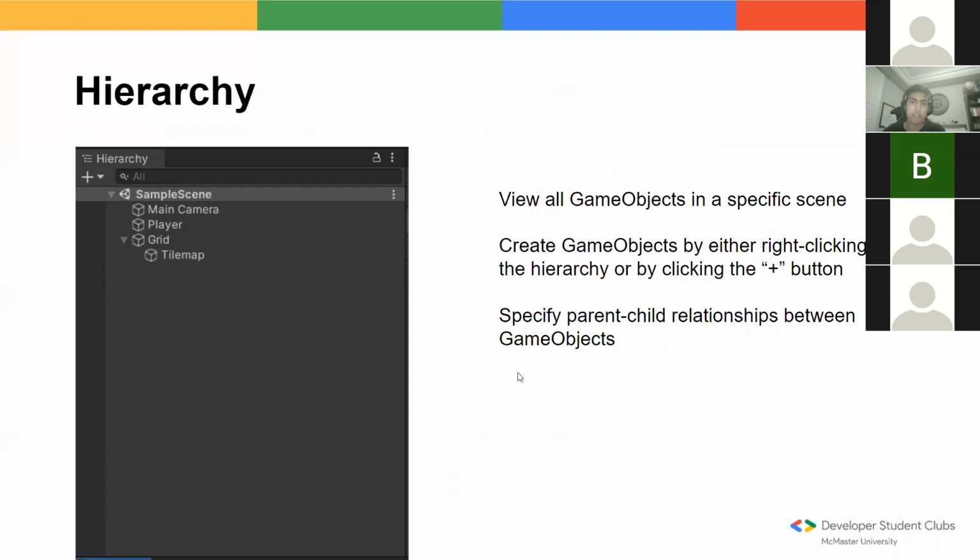If you're familiar with object-oriented programming, and don't worry, you don't need to know it for this workshop, you can specify parent-child relationships between the game objects. An example of that over here is that the grid is a parent of the tile map, and you can specify the relationships by dragging the objects underneath each other.